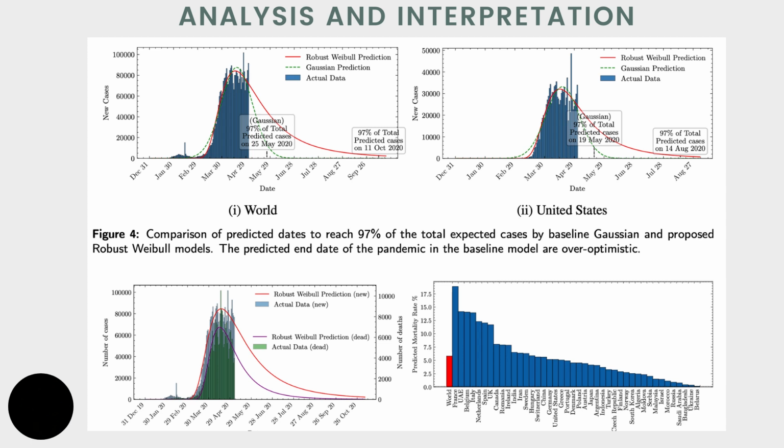You can see here the Gaussian prediction, the green one, is too optimistic and could lead to premature lifting of lockdown. So when they look at the prediction of this method, they will lift the lockdown earlier, so it leads to some severe results, causing more effect on the management of epidemics. So having better-fit models could allow planning of better strategy based on more accurate prediction and future scenarios.